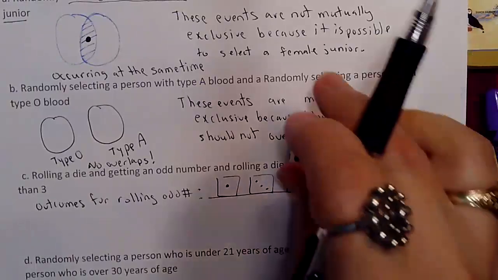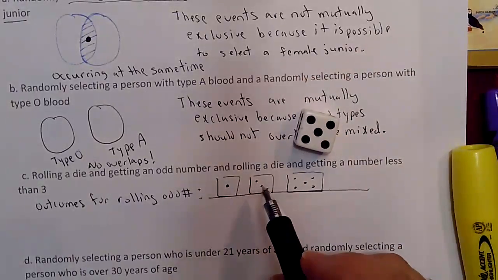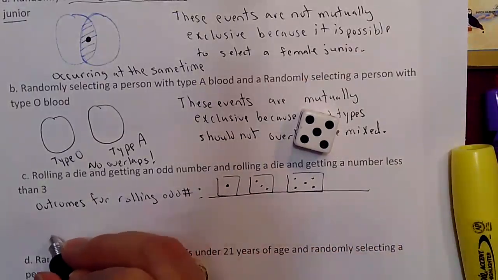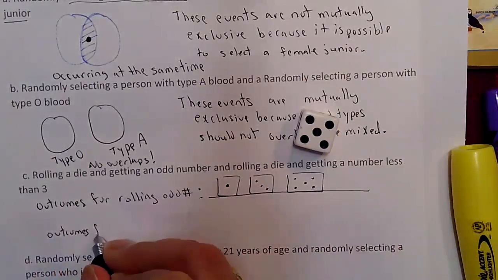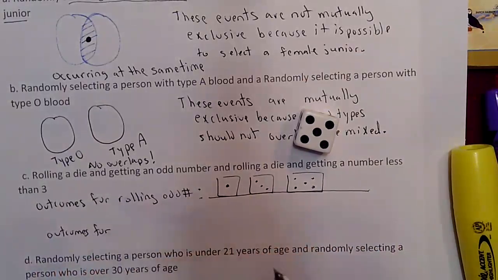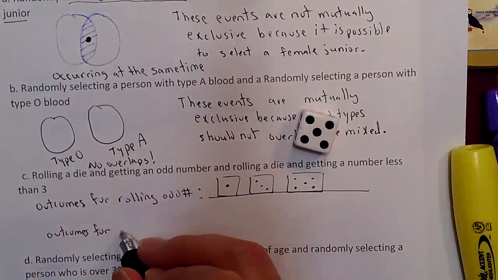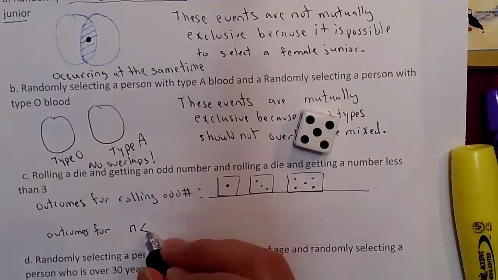So I'm drawing a picture, or you could put the numbers 1, comma, 3, comma, 5. And then we also have the outcomes for getting a number less than 3. So I'm going to use n just for a number less than 3.